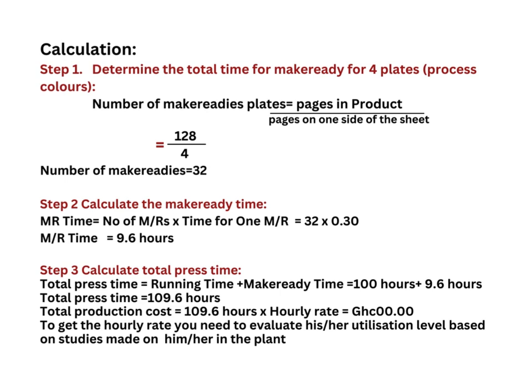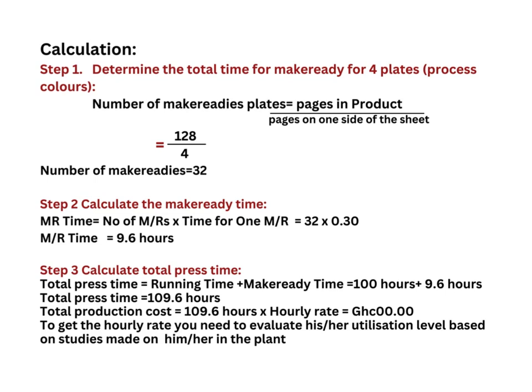And so the number of make ready plates, that is the formula, is pages in the product divided by pages on one side of the sheet. So this particular publication, we have 128 pages, and pages on one side of the sheet is 4. And so it means we are going to do 32 make readies for this particular work.